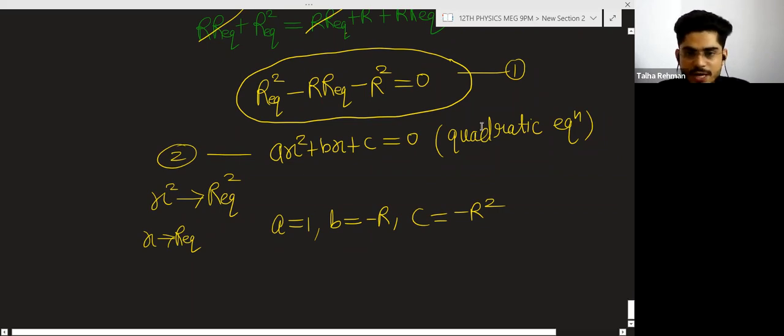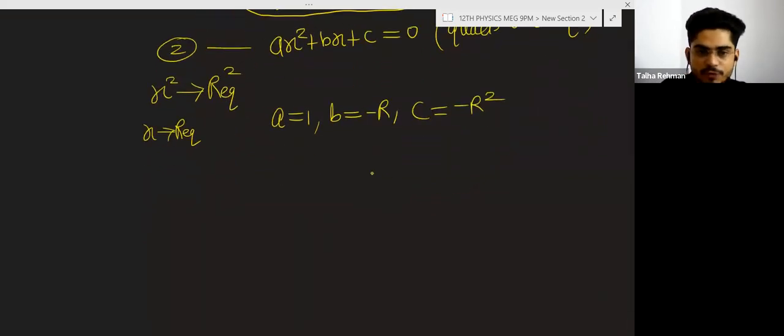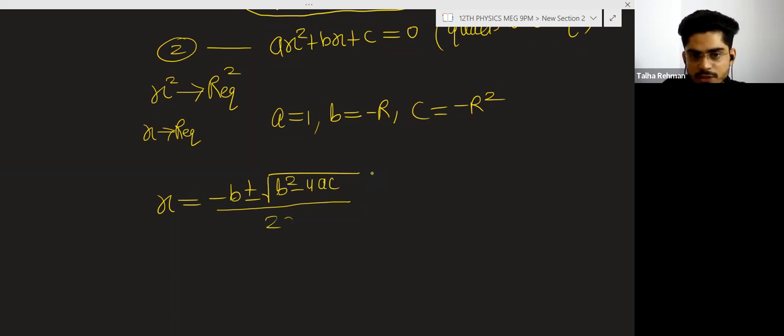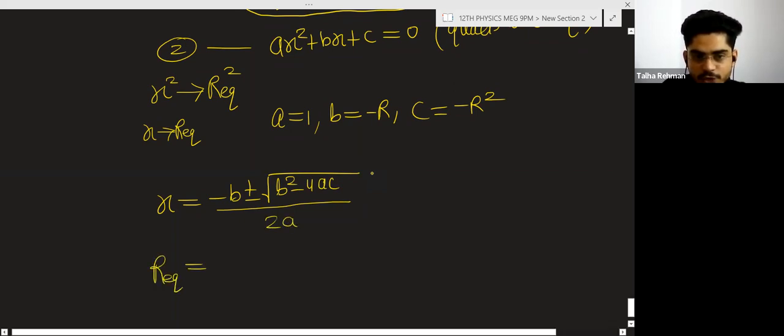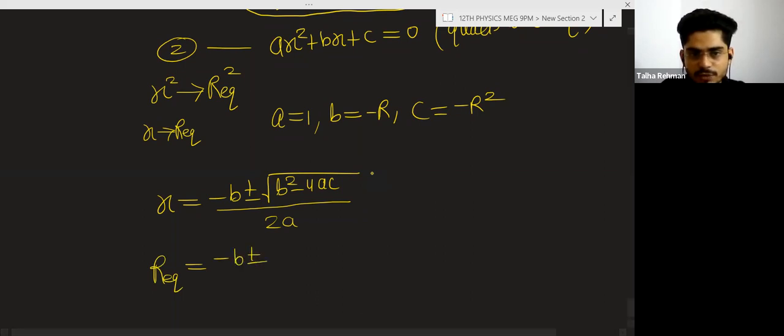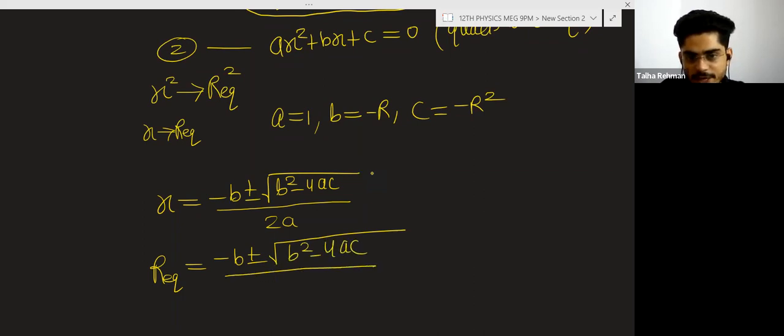So now the formula for calculating x is minus b plus minus under root b square minus 4ac divided by 2a. If you want to write in terms of r equivalent, then you will write minus b plus minus, because x is equal to r equivalent, under root b square minus 4ac divided by 2a.